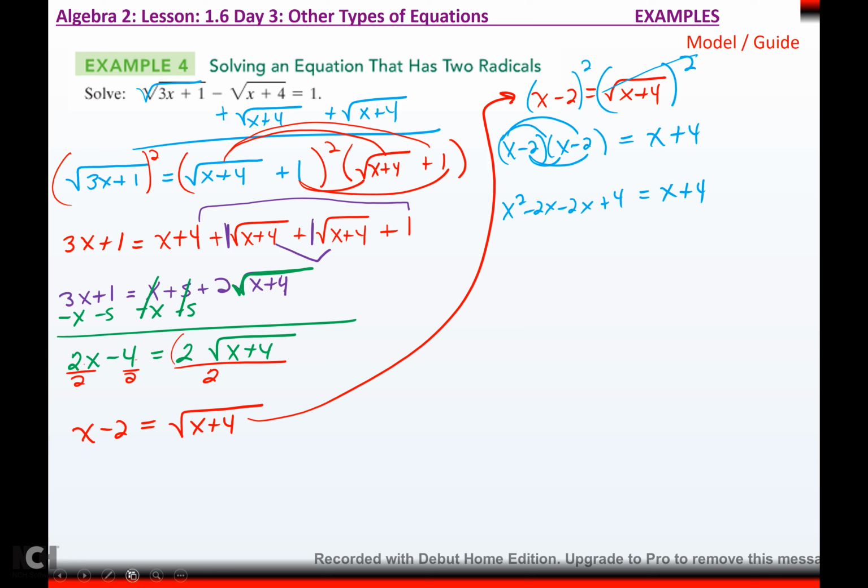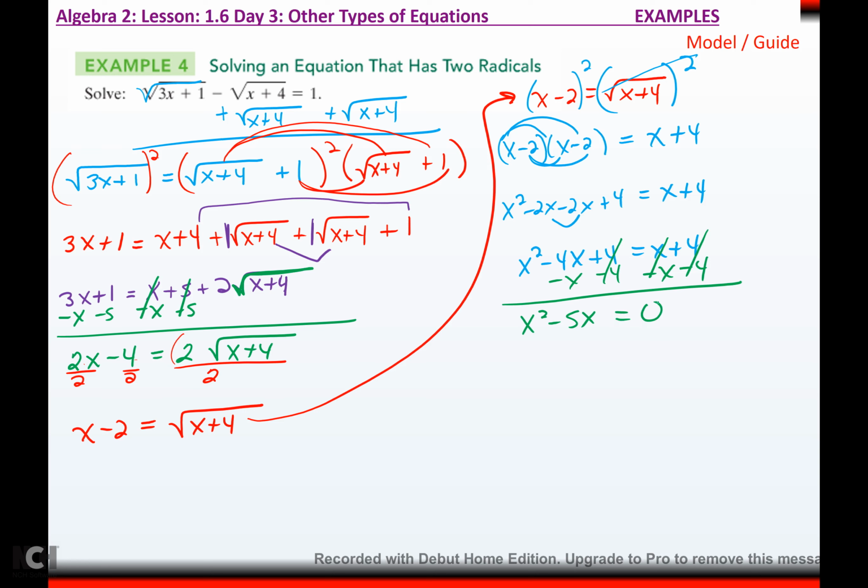Clean it up, so I have x squared minus 4x plus 4 equals x plus 4. I need to get 0 on one side, so minus x minus 4 minus 4. I get x squared minus 5x equals 0.